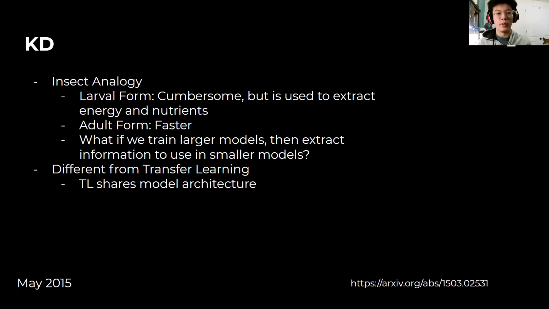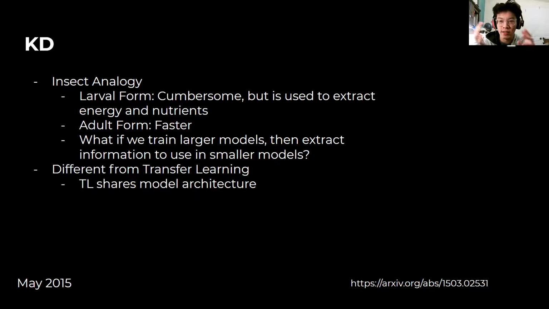So he proposed the question: what if we train larger models and then extract the information from them, so that when it comes time for inferencing, we use the smaller models and can inference faster? You might see some similarities between this and transfer learning, but it really is not the same thing.